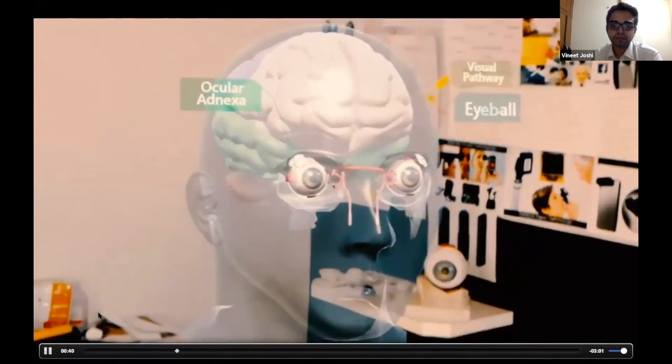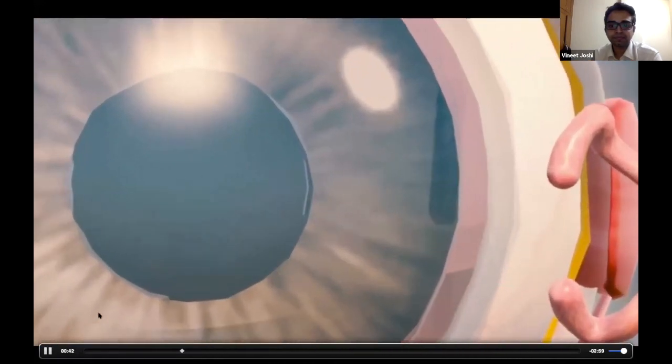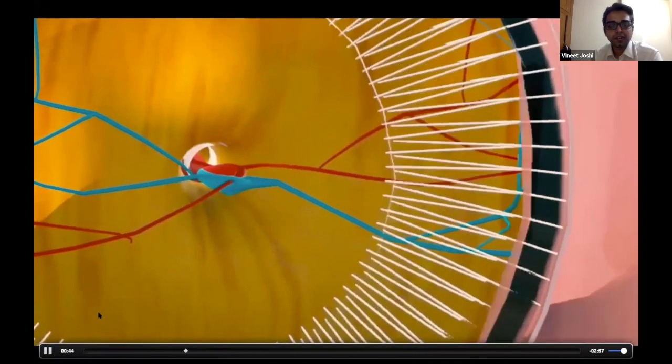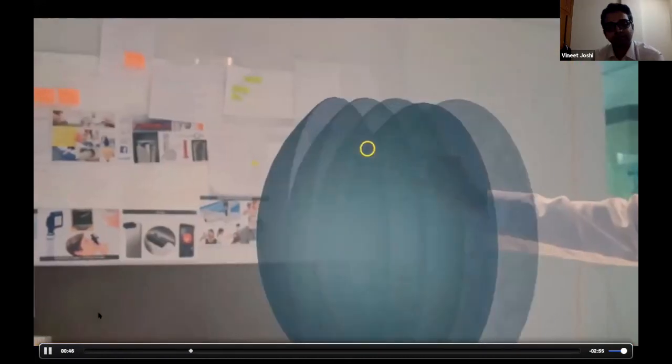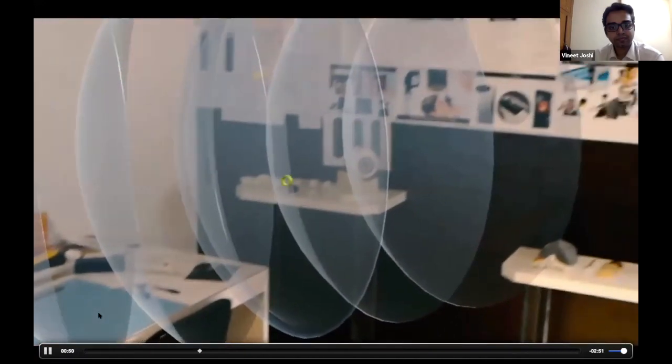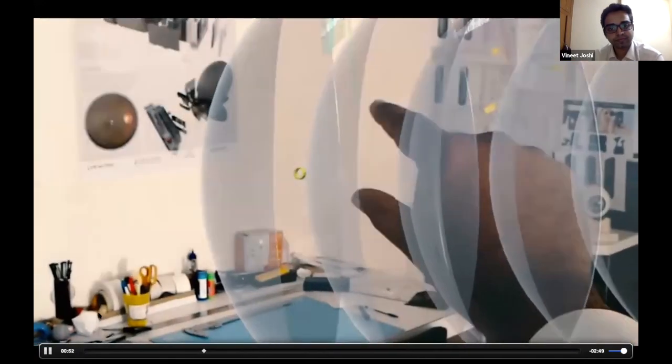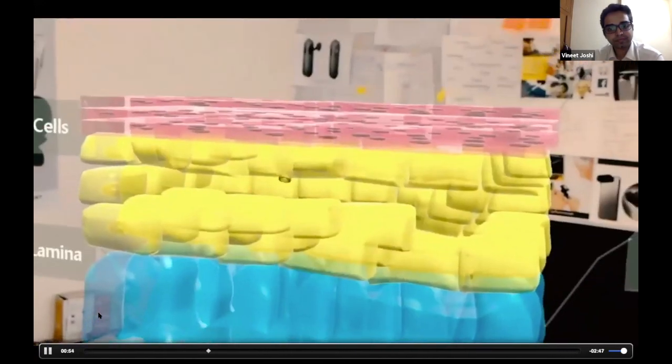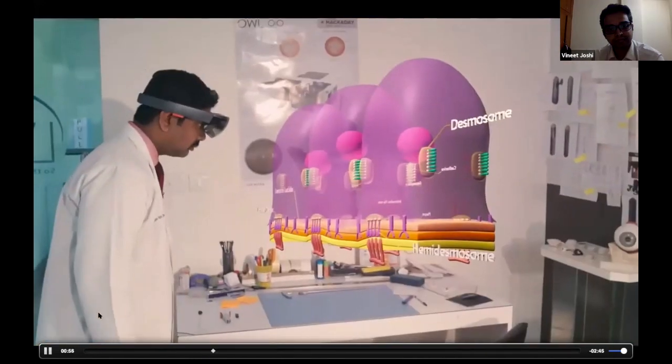This enables us to holistically study the eyeball, ocular adnexa, and the visual pathway. It also allows us to split individual parts to their component layers, as in the case of the cornea, and also allows us to pick individual cells to study them in detail. Think of cornea, how it keeps its clarity and compactness.